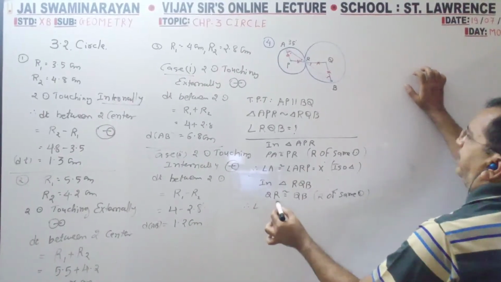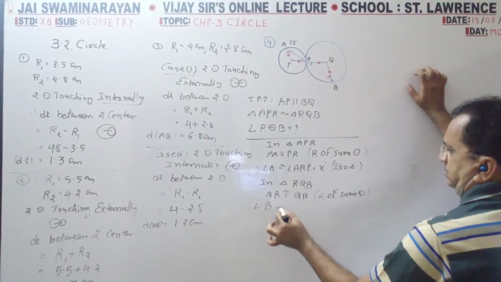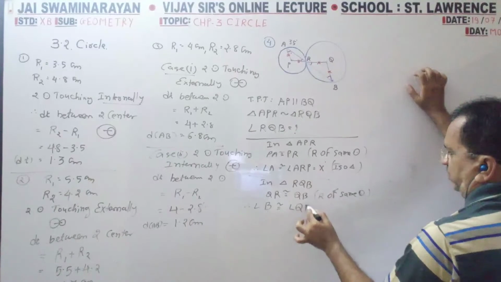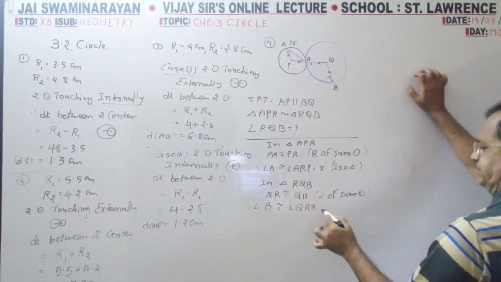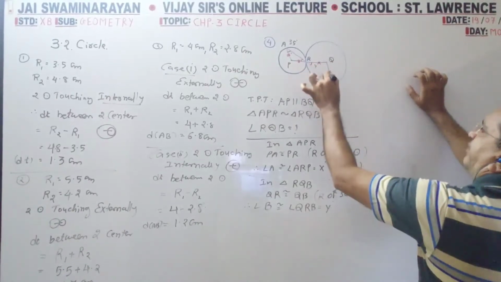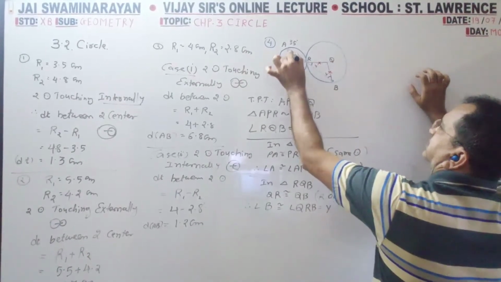Therefore angle B congruent angle QRB, is equal to Y. This is YY, this is XX.